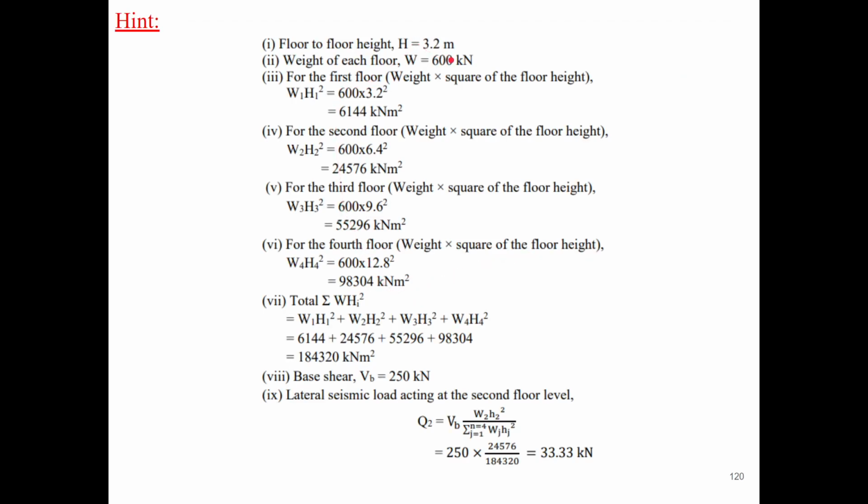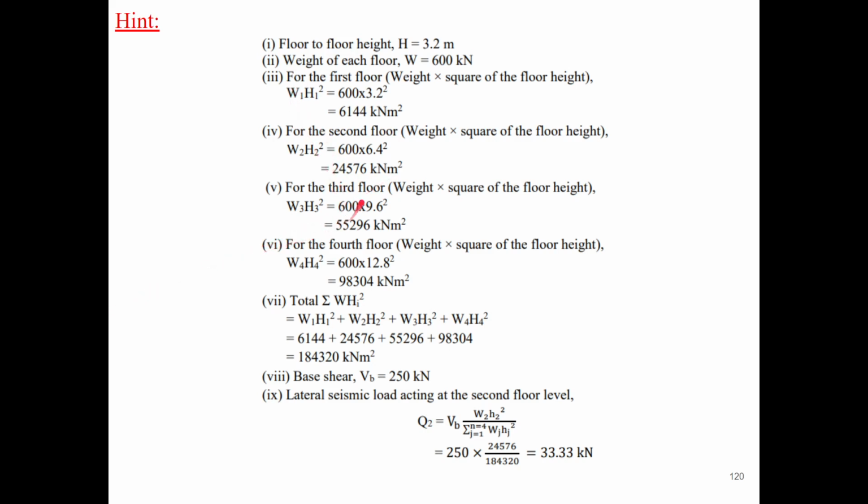Each storey height is 3.2 and each floor has weight 600. So you have to calculate the Wi hi square value for each floor. Height is 3.2 meter for every floor and weight is also 600 for every floor. So W1 h1 square is 6144. W2 h2 square will be 24576.